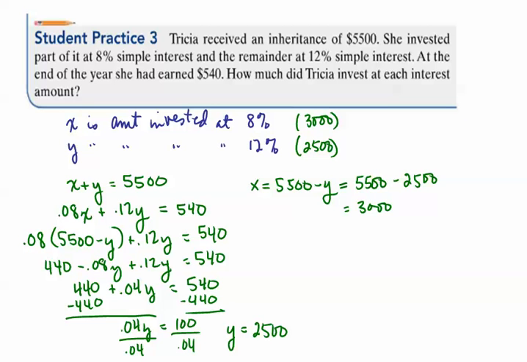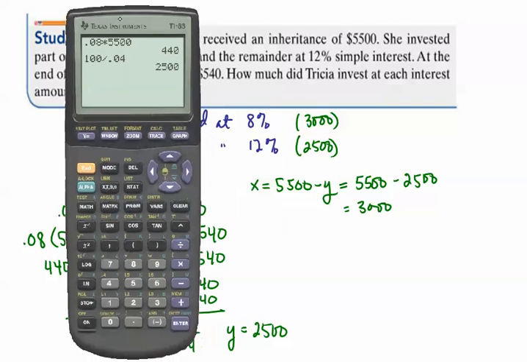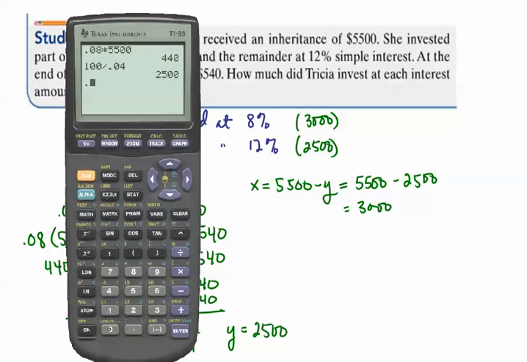Now, when I multiply 8% times the amount invested there of 3,000, I get 0.08 times 3,000 gives me 240. Then 0.12, let's do all the calculations first, times 2,500 is going to give me $300. And now you can see the 240 plus the 300 is equal to 540.